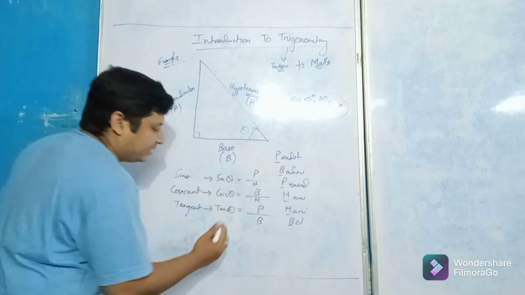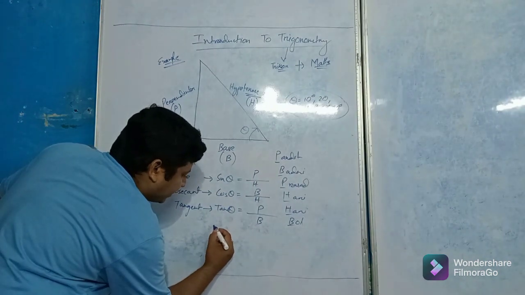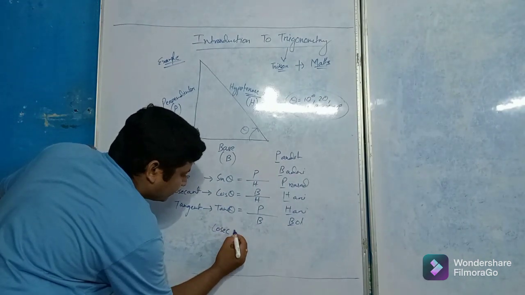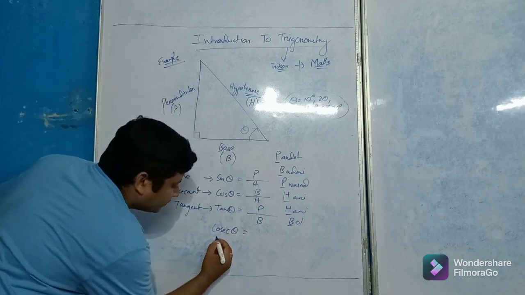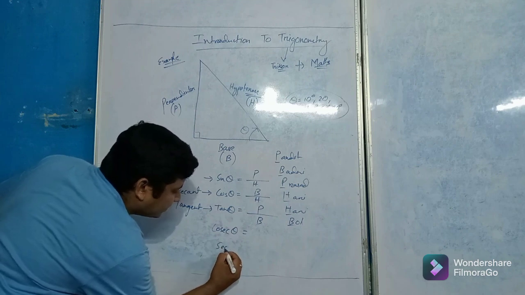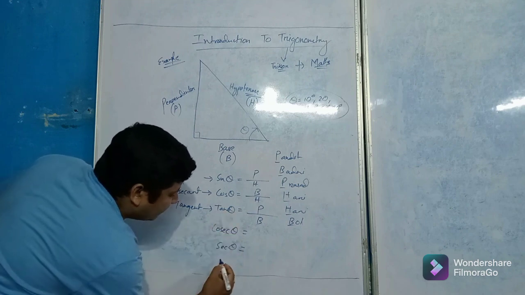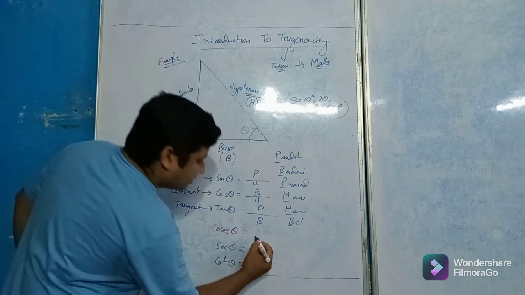Or it can be written like this: the inverse of sine is cosec. Then the inverse of cos is sec theta. Inverse of tan is cot theta. So it can be written likewise.